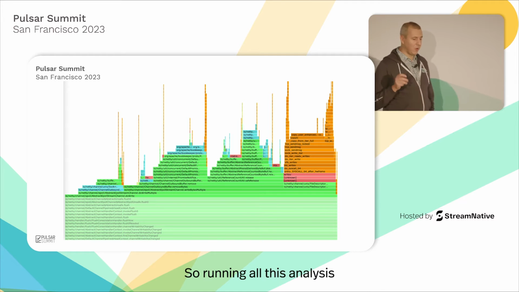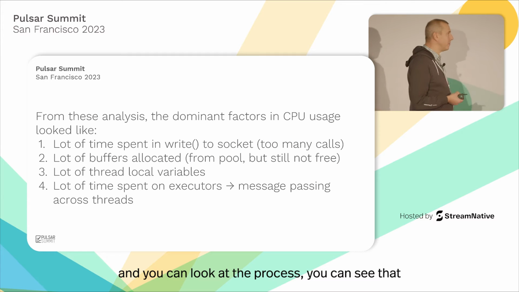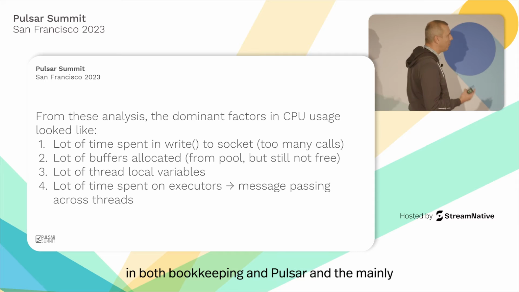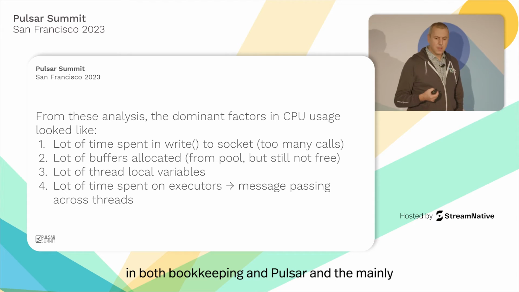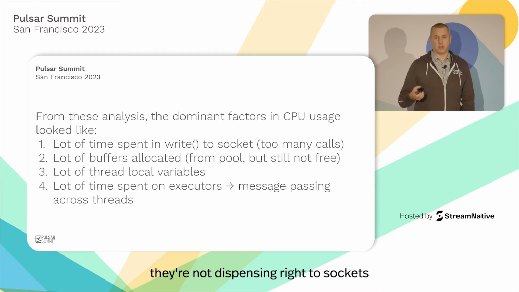Running all these analyses is an iterative process, and you see that there are a few different things that are dominating in both BookKeeper and Pulsar. Mainly, there is lots of time spent in writes to sockets.